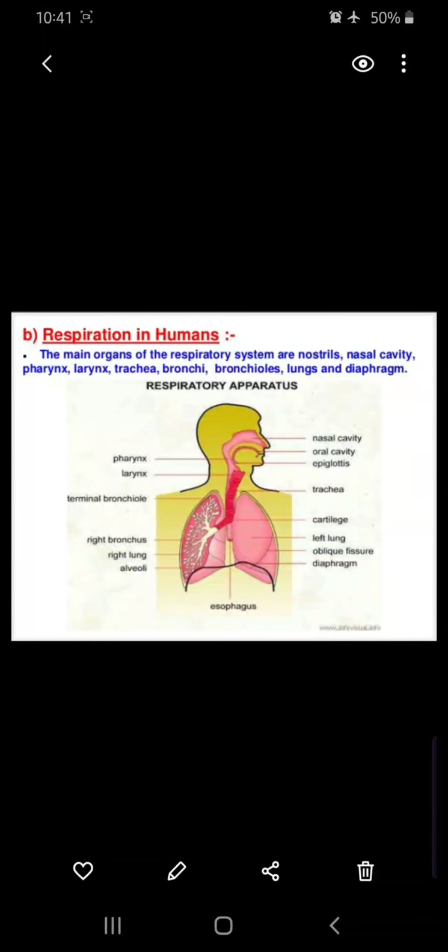Now let us see how respiration occurs in humans. Let us talk about the system which helps in the respiration in humans. The main organs of the respiratory system are nostrils, nasal cavity, pharynx, larynx, trachea, bronchi, bronchioles, lung, and the diaphragm.